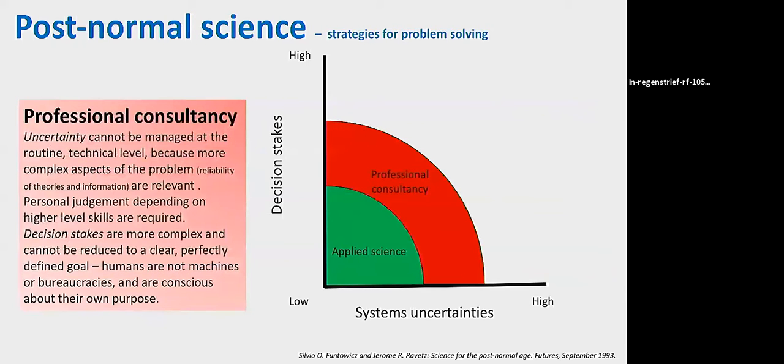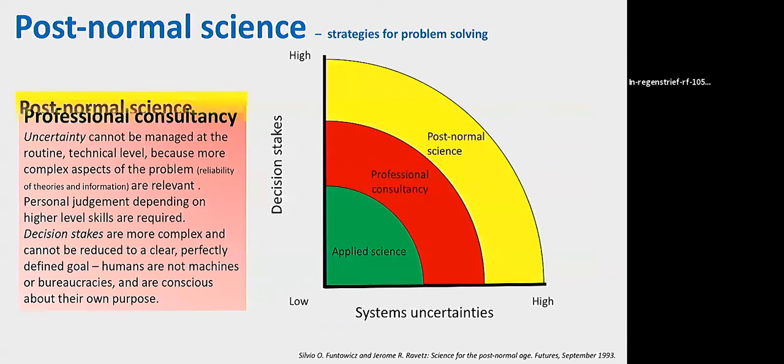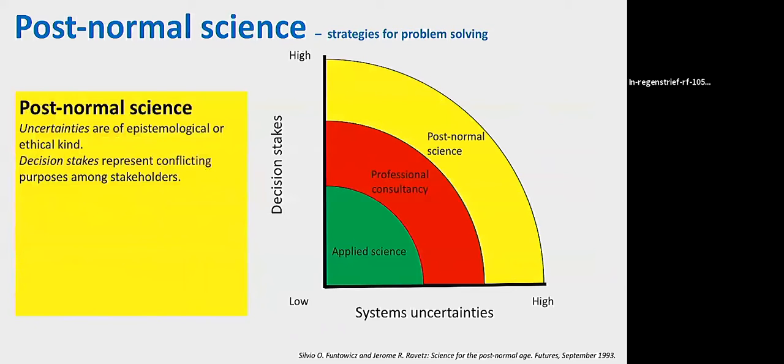If we go to the next level, then we talk about professional consultancy, and it's mainly because you have to add some judgment that is individual and based on expert knowledge. But the interesting thing is that if you go to the next level, we need to apply post-normal science in order to grasp system uncertainties at a high level and also decision stakes at a high level.